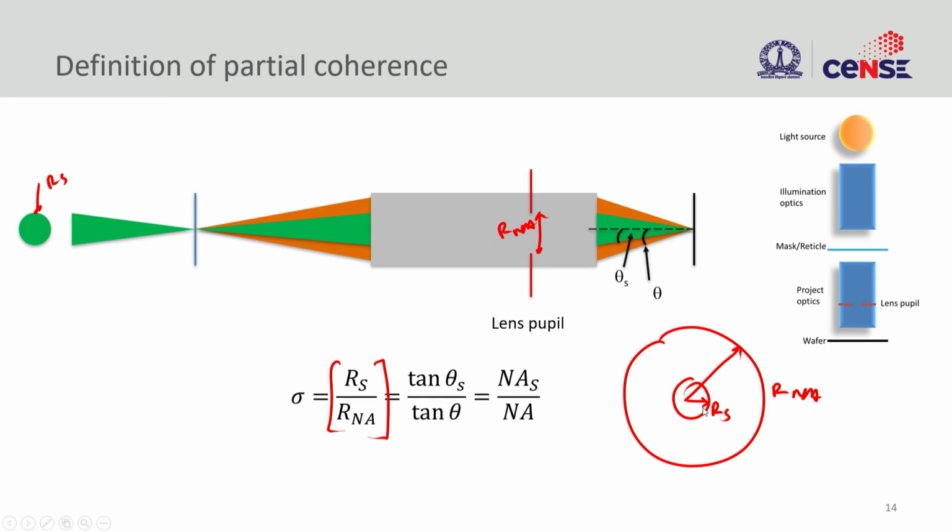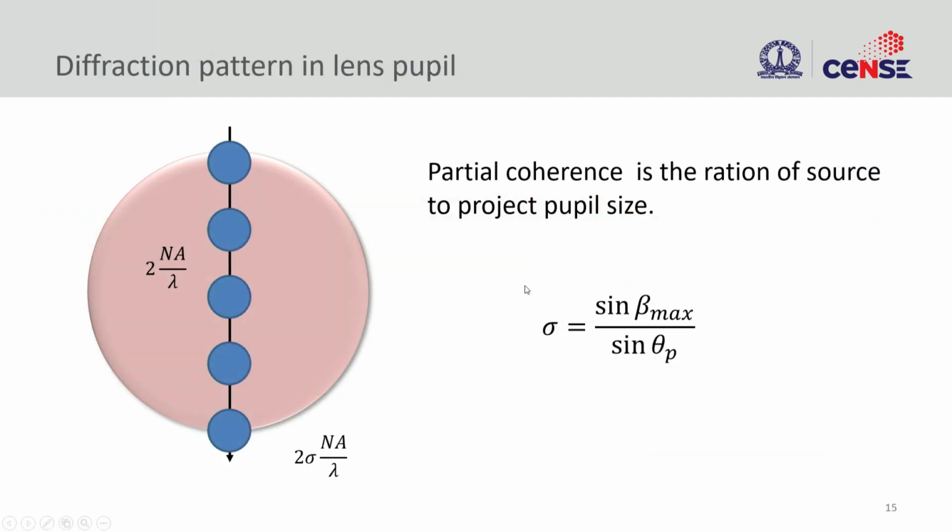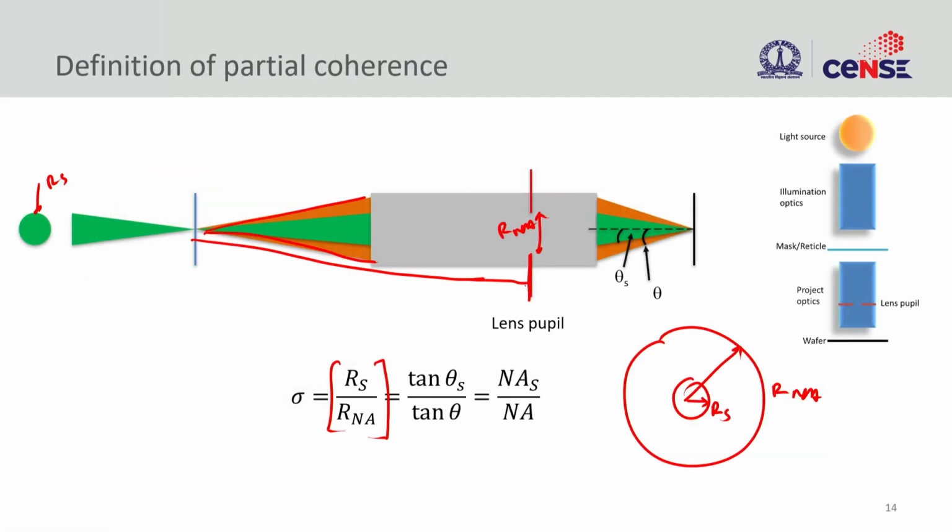Your numerical aperture radius is definitely much larger, and you will have diffraction as I mentioned, beyond the size of this, and you can also have beyond this. Your NA is going to restrict those diffracted orders, so they will not propagate beyond the NA plane, in this case the lens plane that we are talking about.